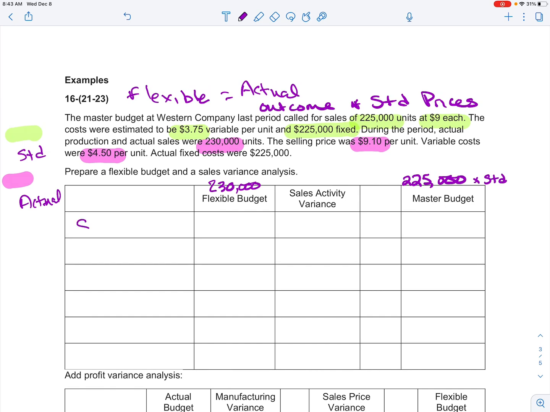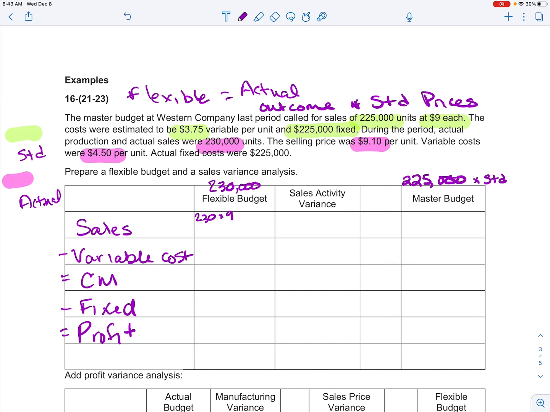So my sales will come in first. I'll subtract those variable costs. That's going to equal my contribution margin. I subtract my fixed costs, and it's going to equal my profit. So let's build that flexible budget. For my sales, I'm looking at those 230,000 units times standard prices, which gives me 2,070,000.